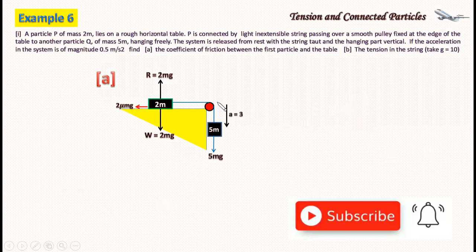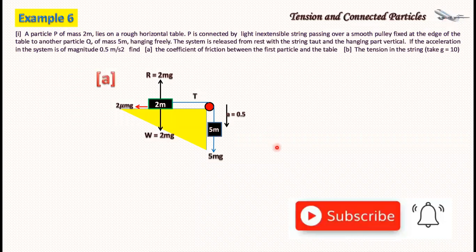The acceleration of this system will be downwards because this 5m mass should pull the 2m mass, since the system accelerates. The acceleration of the system has been given as 0.5.